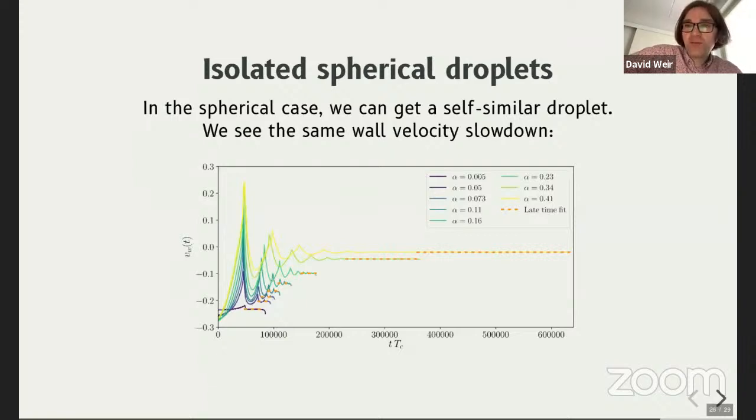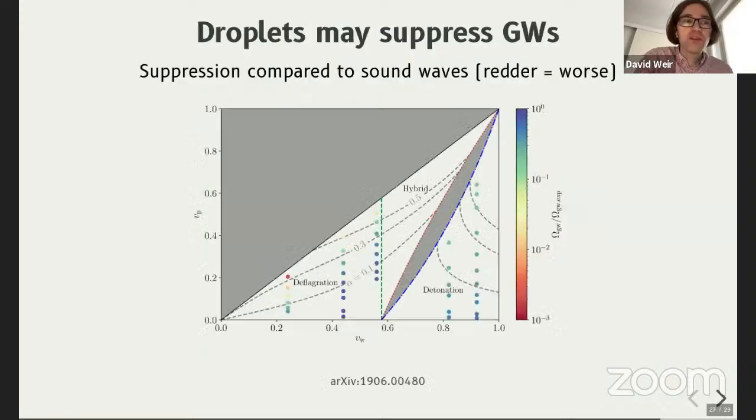So we can do self-similar droplets here, and we can therefore separate the physics of these droplets out and look at it more carefully. We're currently working on trying to understand how these suppress the gravitational wave signal. This is a plot from our earlier paper on these strong transitions with Mark and Daniel.